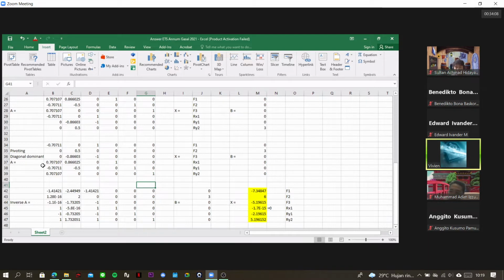But if we only do partial pivoting, we only change the order of the rows, so the unknowns remain the same. So when we do pivoting, we look at the values in the same column and find which row has the largest value, and we choose that as the diagonal element.